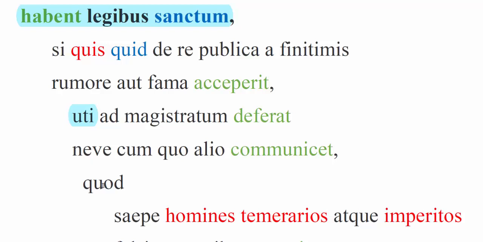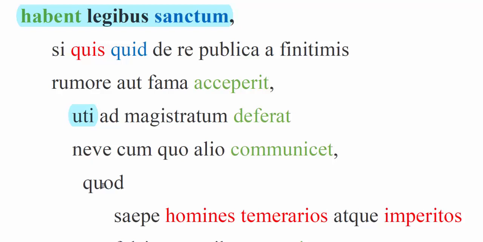So once we pick up with this idea, they have it set down in law that, if anyone hears anything about the state from their neighbors, whether by rumor or by report, what must happen? That person, now the quis here, the aliquis, is still the subject of deferat and communicet and all the rest, because it was the subject along the way, and it's singular.